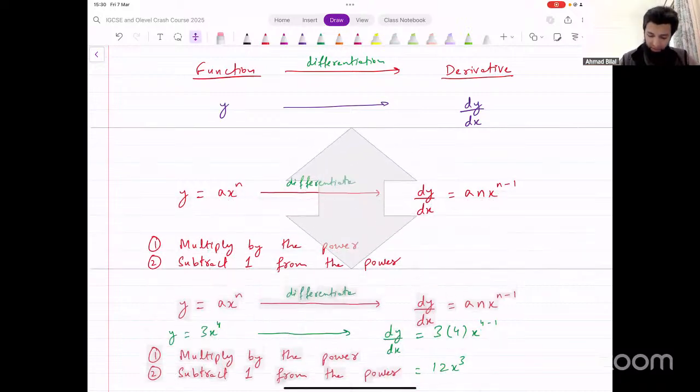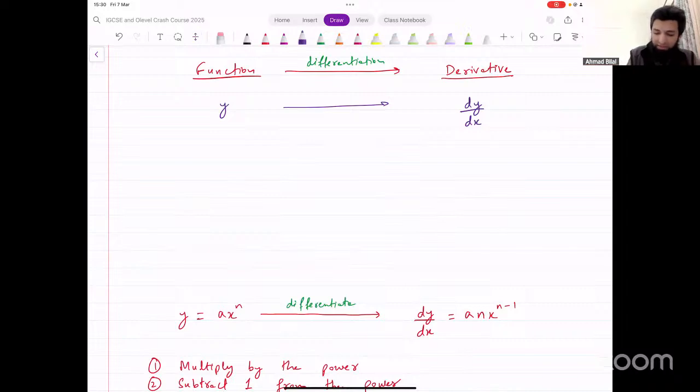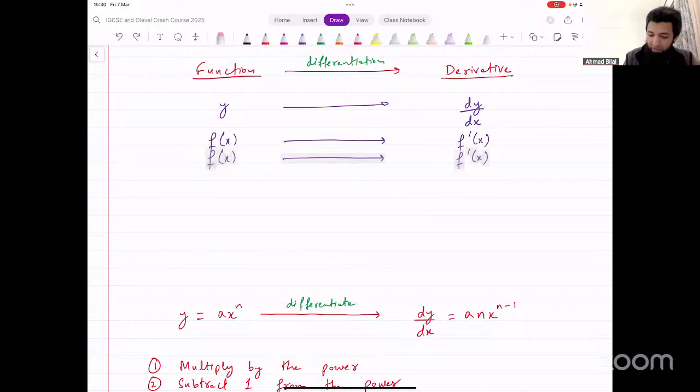And if the original function is written as f of x, that will also happen sometimes. Sometimes they use the y notation, sometimes they use the f of x notation. If the original function is written as f of x, the derivative of that is written as f prime of x or f dash of x. If you have this small dash on top, that represents the derivative of the function.